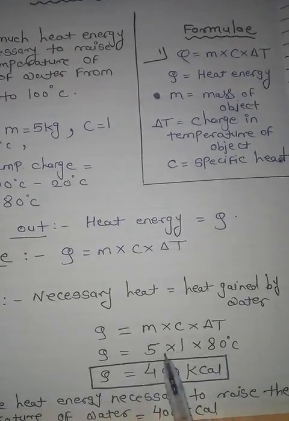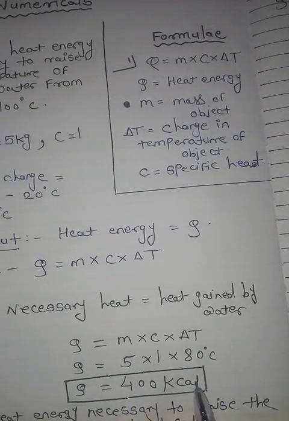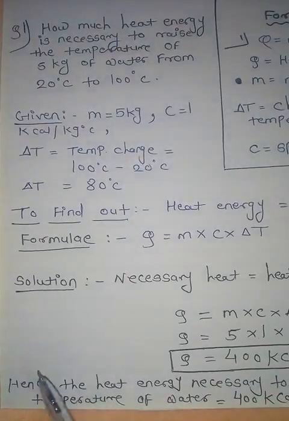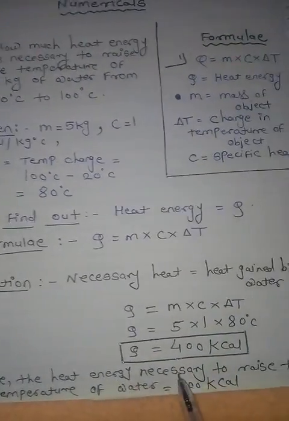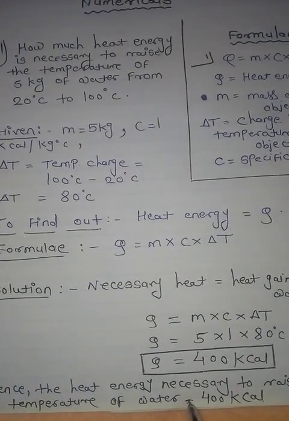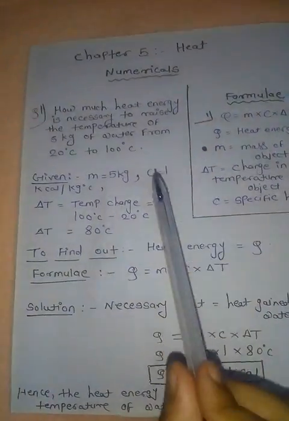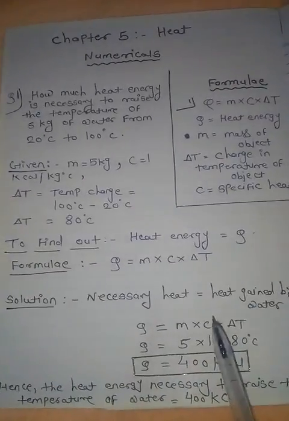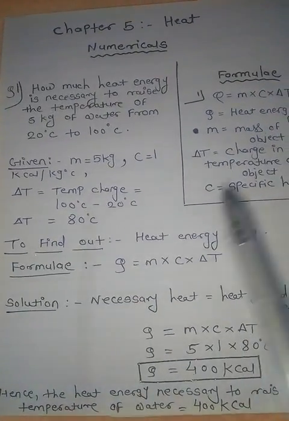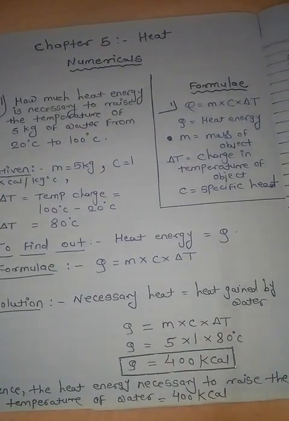Multiplying 80 into 5, you get 400 kilocalorie. Hence the heat energy necessary to raise the temperature of water is 400 kilocalorie. Simply put the values in the formula and you will get the proper solution.